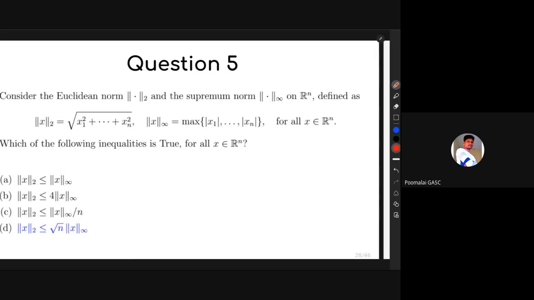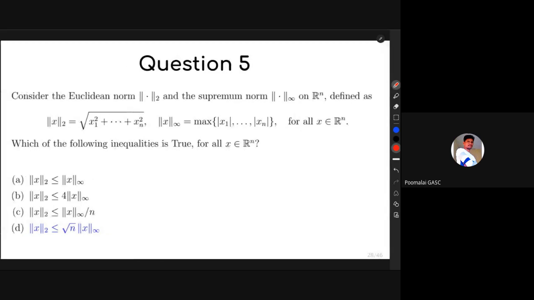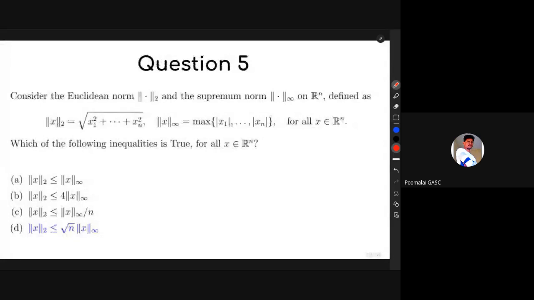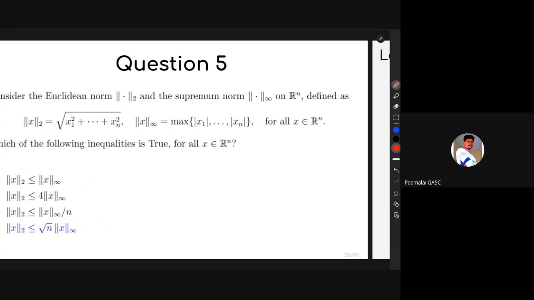First we have the Euclidean norm. This is the usual norm which you use to calculate the distance in R2. The supremum norm is a bit new because it's not a very common norm we use in 12th standard.